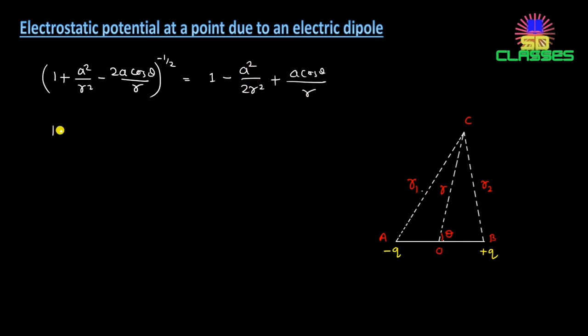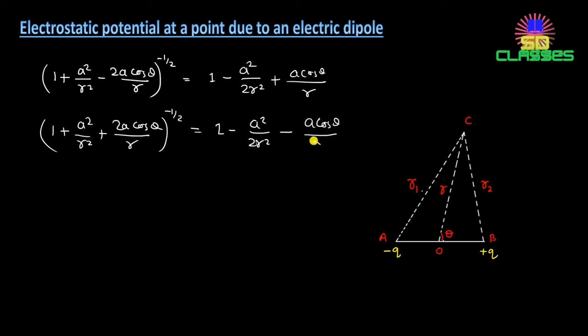Similarly, if I use the binomial expansion theorem on this one, 2a cos theta divided by r, this will be equal to 1 minus a square by 2r square minus a cos theta divided by r.